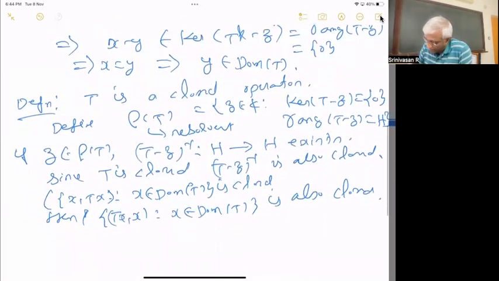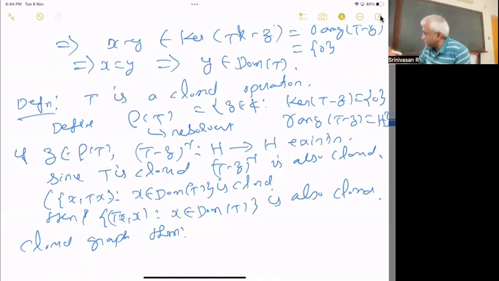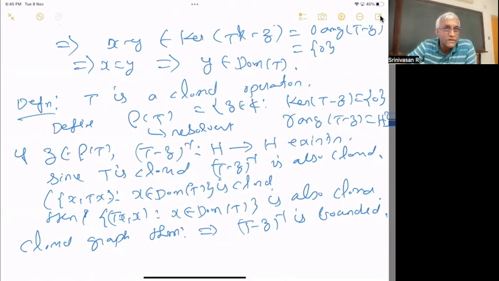So closed graph theorem. My problem is I tend to write fast and then my handwriting becomes like this. I can't write slowly. Then the closed graph theorem implies T minus Z inverse is bounded. So T is unbounded, but then T minus Z inverse is a bounded operator.